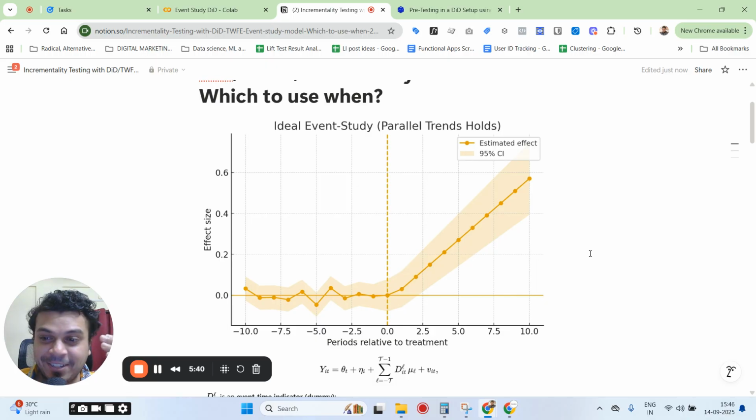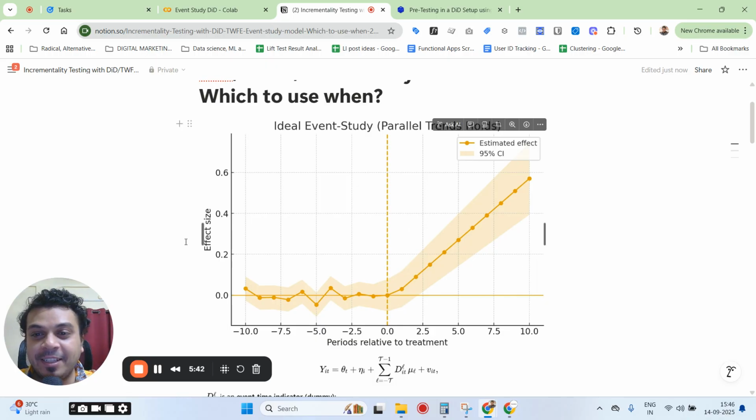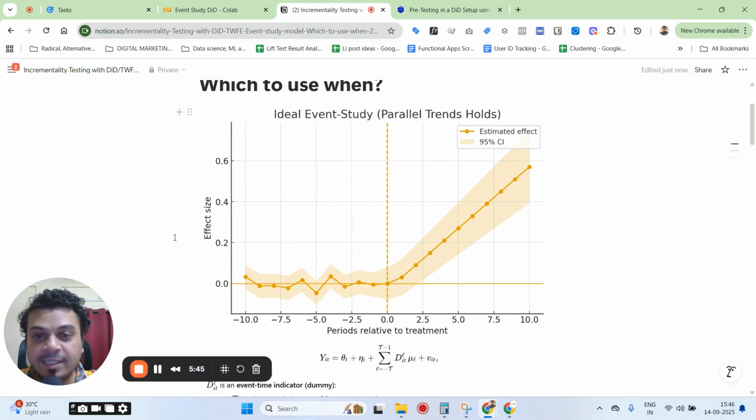Essentially, you can see that this effect size is basically the difference between the control and the test. On average, in the pre-test period, there was not too much of a difference in effect sizes, but in the post period the effect size difference was significant, and that is exactly what you want.